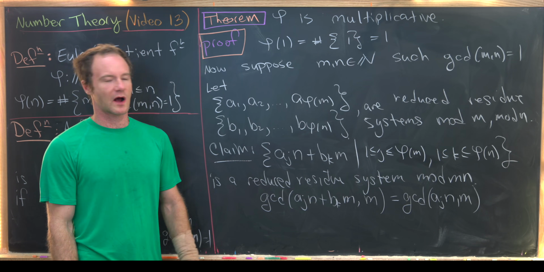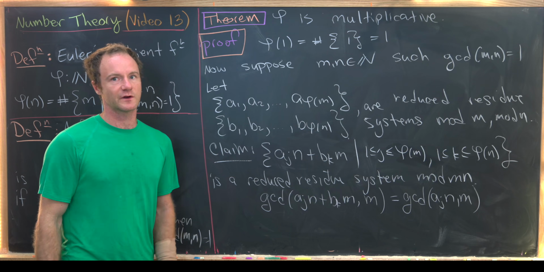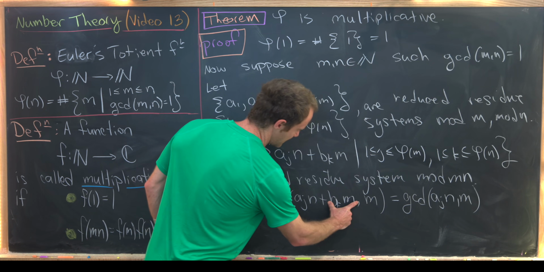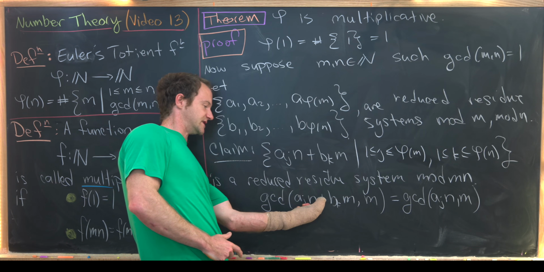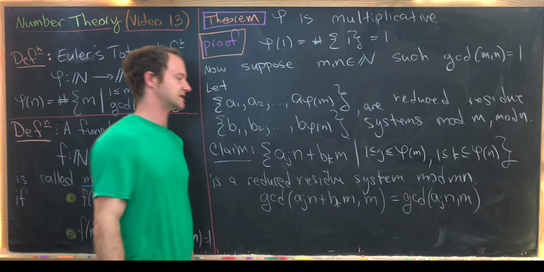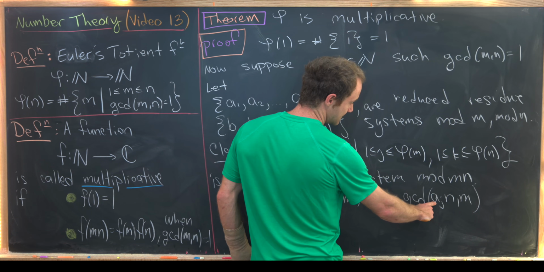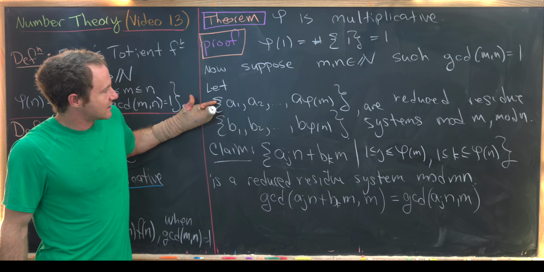Well, that's from one of the properties of the GCD that we proved several videos ago when we were looking at the Euclidean algorithm. So notice here we've got a multiple of m. If we take this multiple of m away, then all we're left with is the GCD of this number and this number.